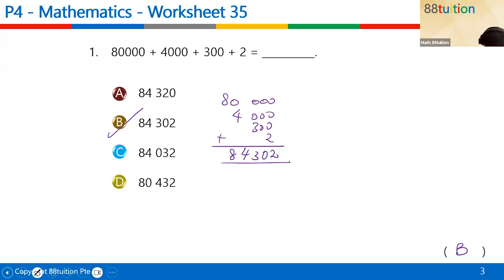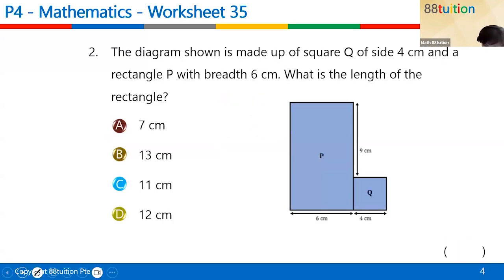Question number 2. The diagram shows one square Q, side is 4 cm. Okay, so let's see here. Square Q, side is 4. You must understand what the properties of a square are. 4 sides are equal.